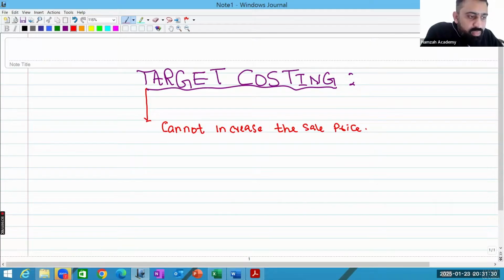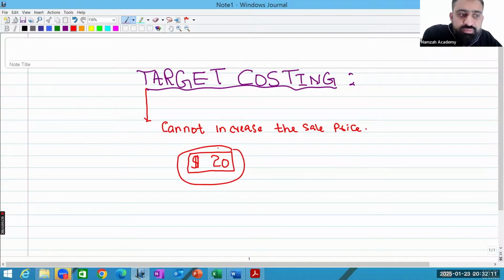For example, the company knows that they cannot sell a product for more than a $20 price. If they increase the sale price above 20, even at 20.1, the customer has a choice. The customer can change its supplier very easily and move towards a new seller. So in a competitive environment, you cannot increase the sale price.